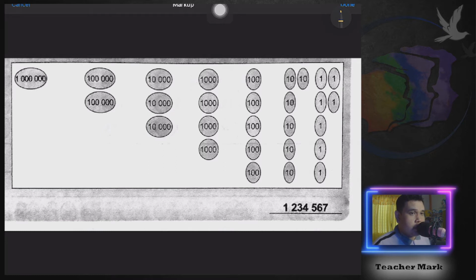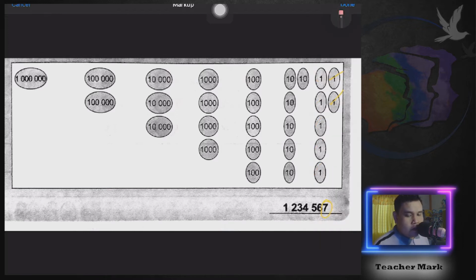Okay, if you can see, in this case it is quite easy because all you have to do is count the number of units given in each place value. For example, we have 1, 2, 3, 4, 5, 6, 7 units of ones. But that is not the case here because the logic of this activity is for you to be able to see how the number is built.